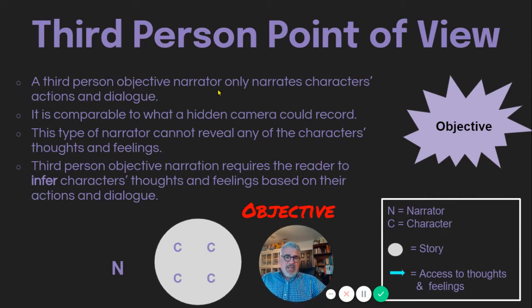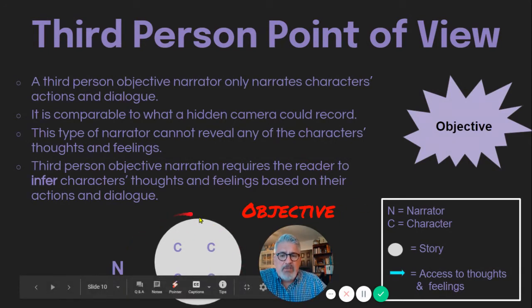The narrator cannot reveal any of the characters' thoughts or feelings. He does not know. Third person objective narration requires that the reader infer characters' thoughts and feelings based on their actions and dialogues. In here you can see the diagram. The narrator doesn't know a lot.